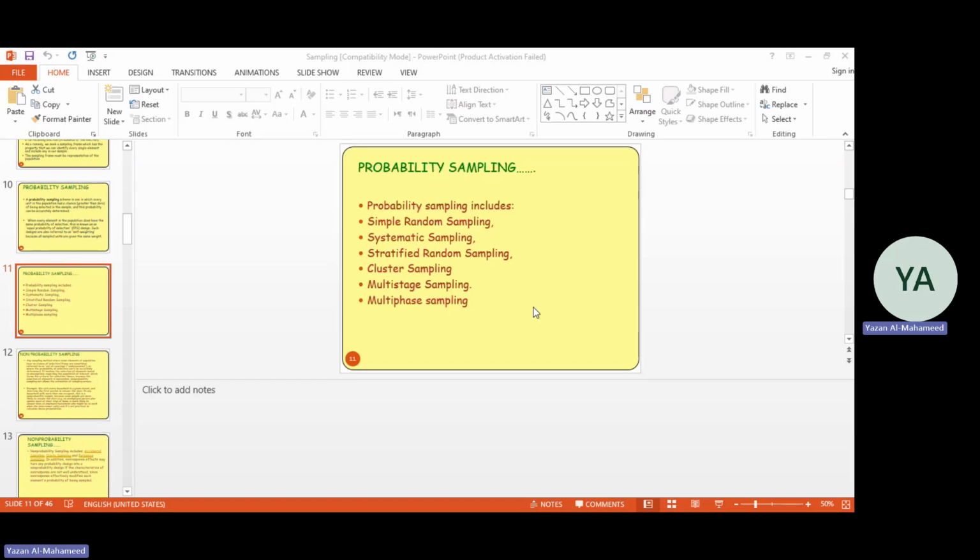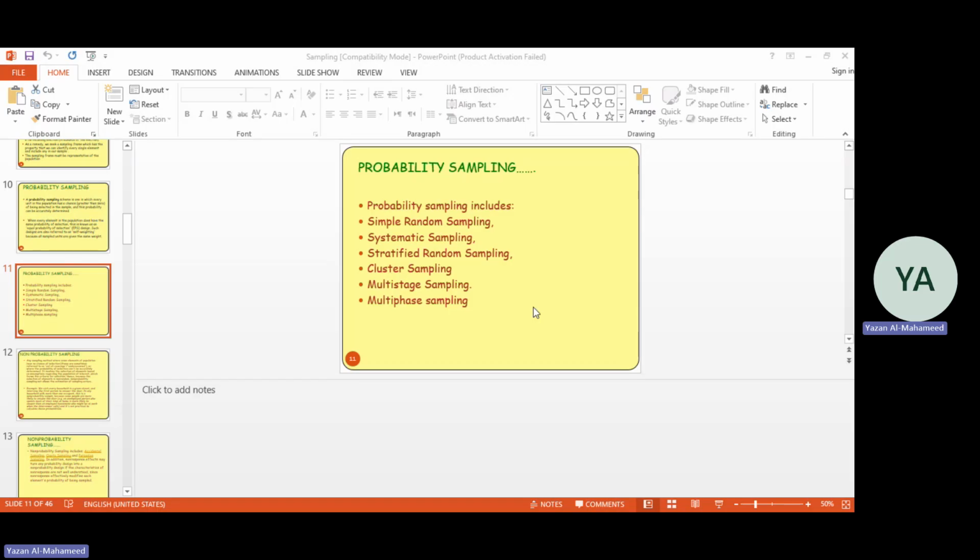For example, we can choose some schools or some universities. We divide the population of the study into naturally occurring entities, such as schools, universities, and so on. Following that, we select some respondents randomly from each cluster, and this is called cluster sampling.